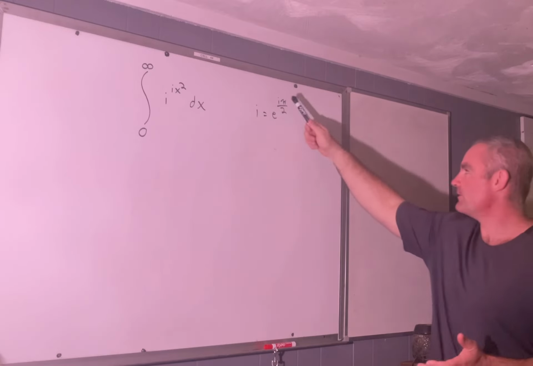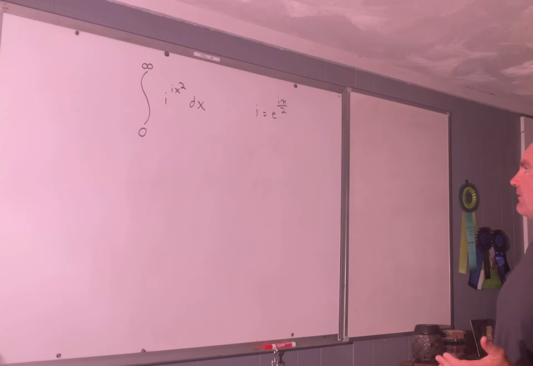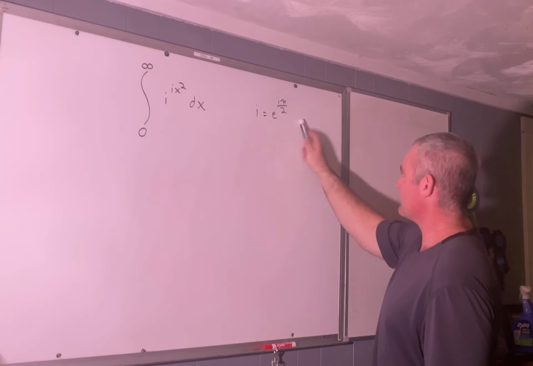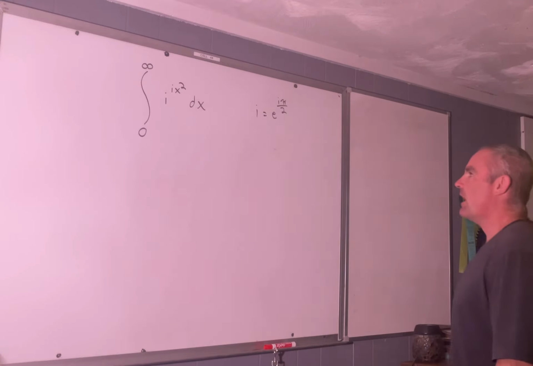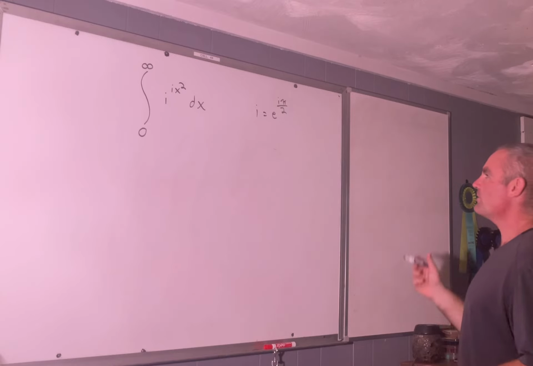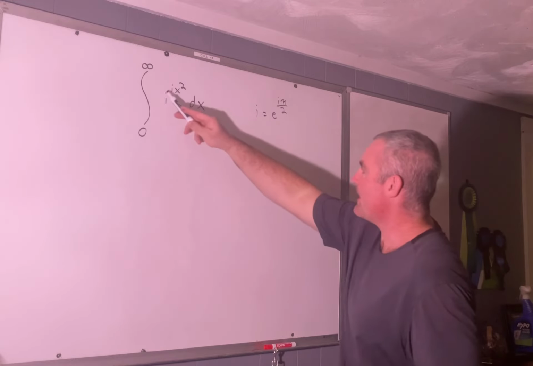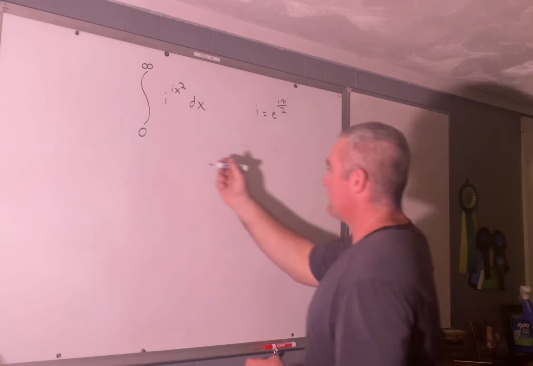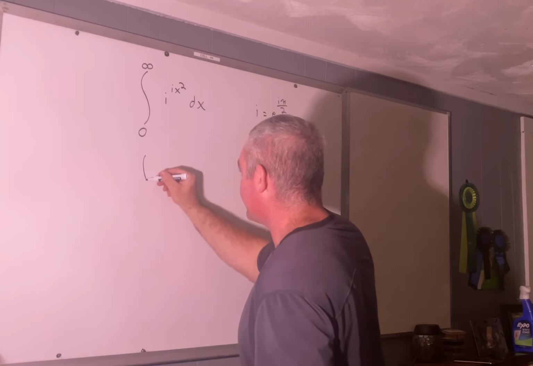Of course, I know that this could also be e to the 5i pi over 2 and e to the 9i pi over 2, but for our purposes, we'll just consider this to be true. So once you recognize that and replace this base of i with e to the i pi over 2, it becomes pretty easy.